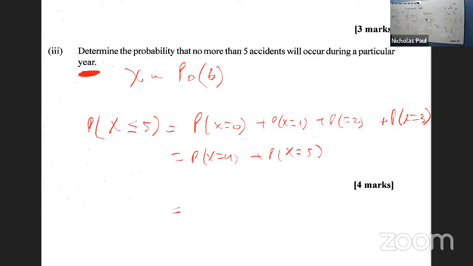What do we get when you add it up? 0 point what? 0.65?